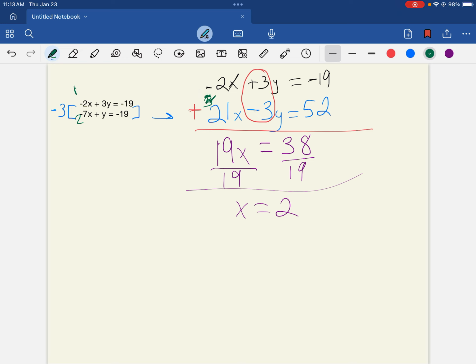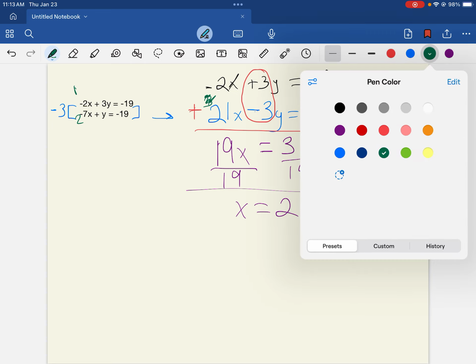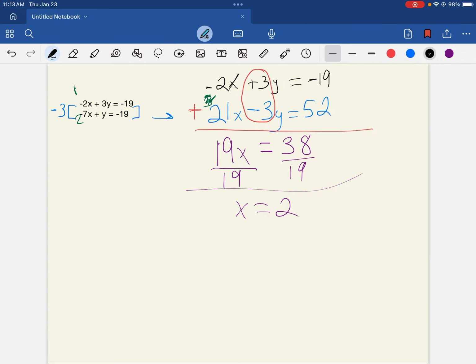I could substitute 2 into 21x minus 3y. I'm not going to. Let's go ahead and substitute that into the top equation. So we'll have -2 times 2, and then the rest of that.